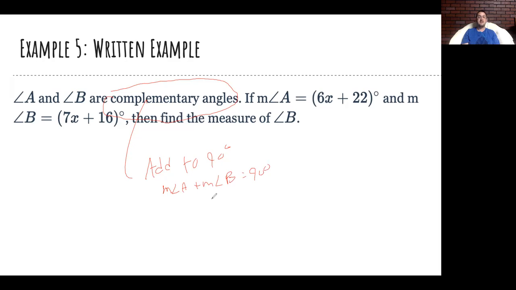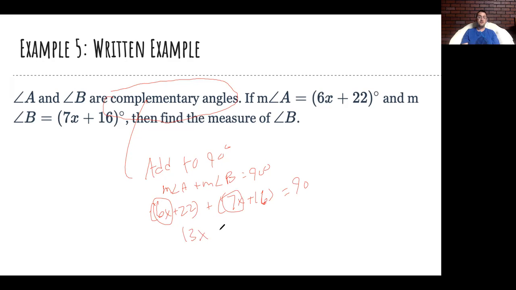So I'm going to have 6x plus 22 plus 7x plus 16 equals 90. And I'm going to solve for x. So I'm just going to combine my like terms. So I got 6x plus 7x, so that makes 13x.